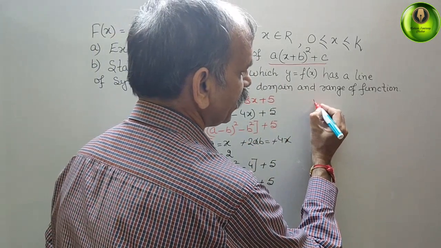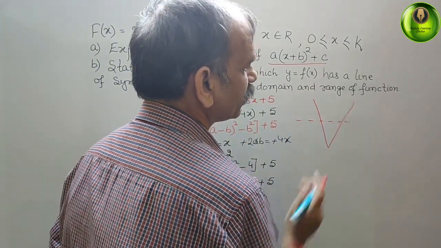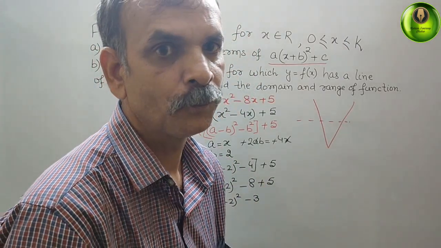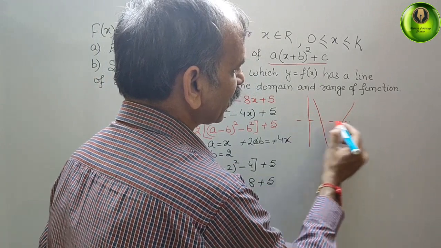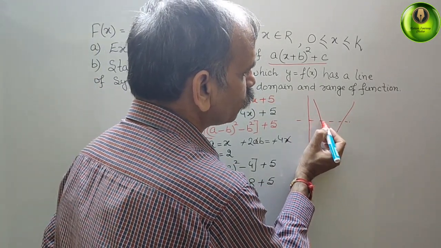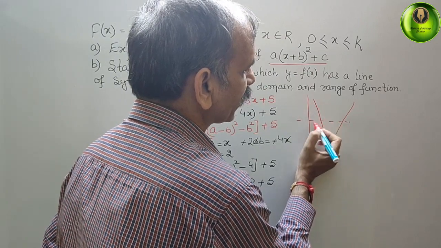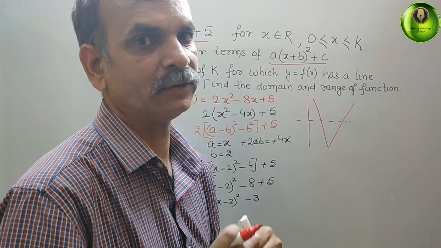If you draw on the y-axis or x-axis, for x you will get two values, but for y you will get a single value. That is your line of symmetry.